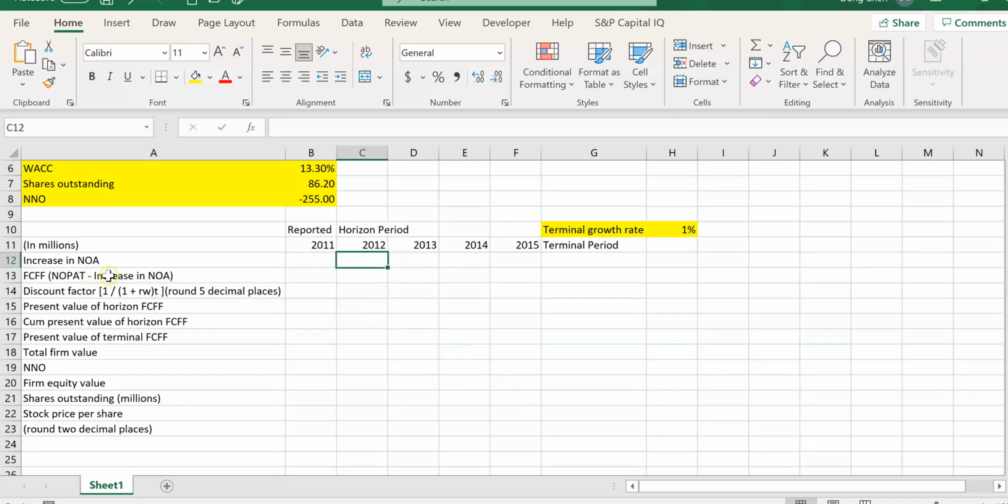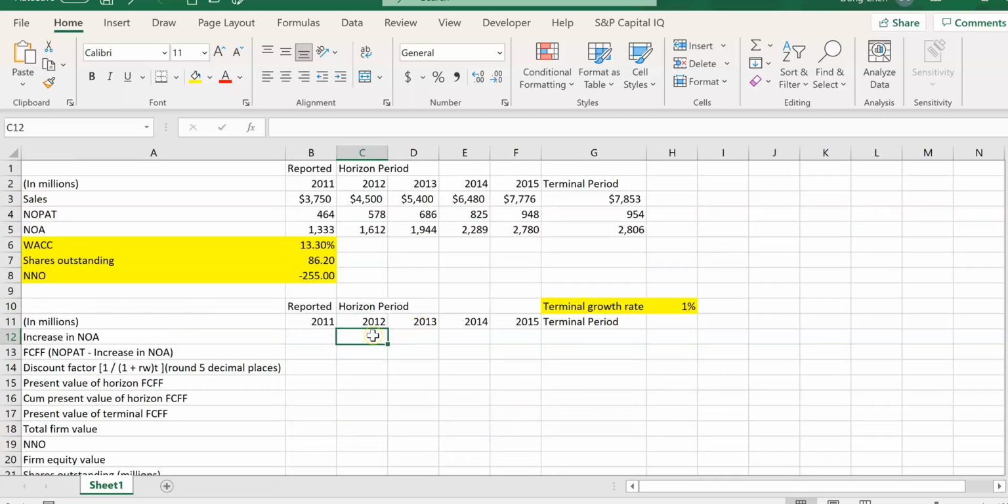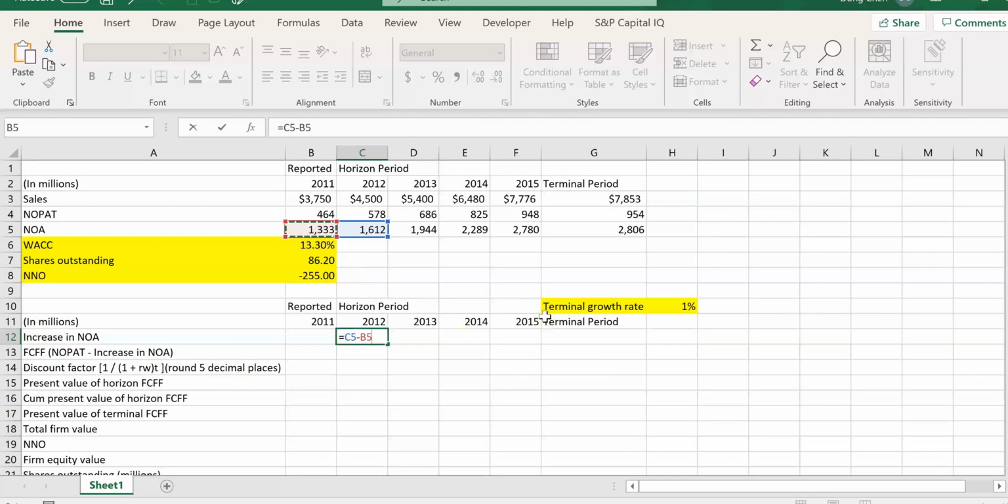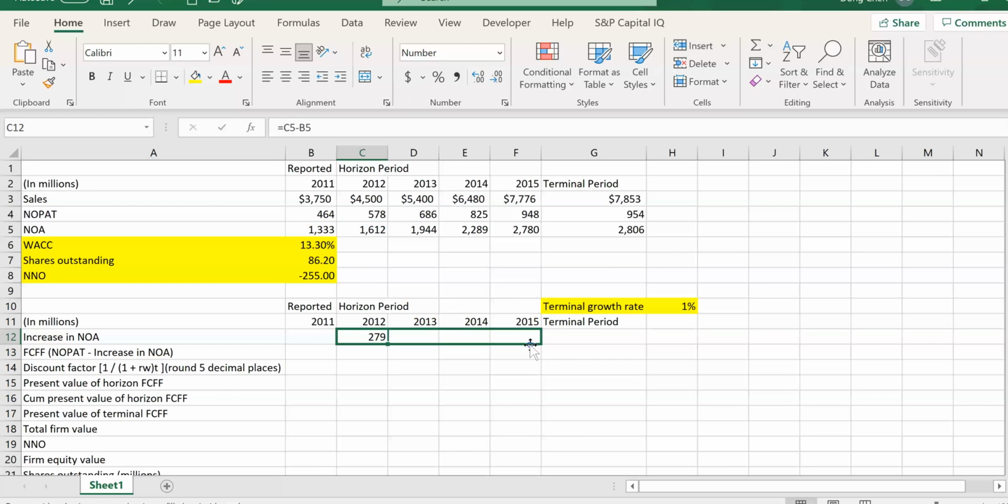So starting from the increase in NOA. The increase in NOA for 2012 is the NOA of 2012 minus the NOA of 2011. So we just need to use the 1612 minus the 1333. And we do that for each of these years, and I actually need to do that also for the terminal period.